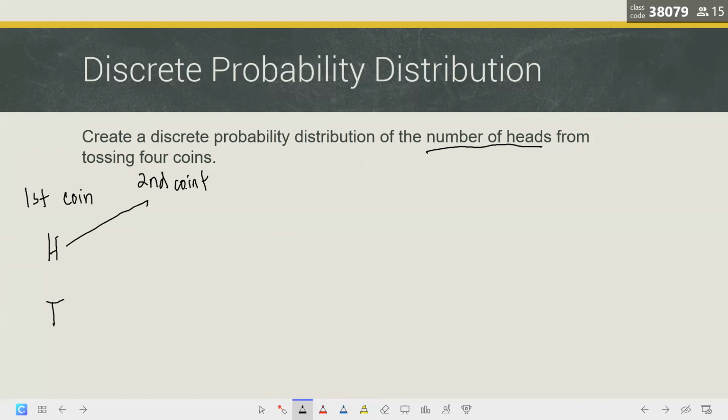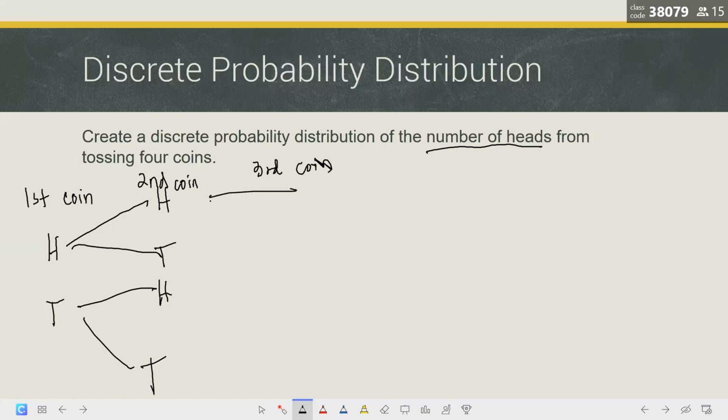Sa second coin, ano yung lalabas? Head. Or pwedeng tail. Head, tail. Sa third coin, ganun din.